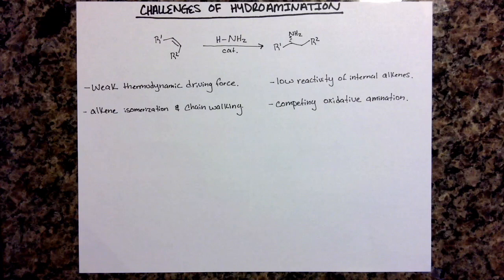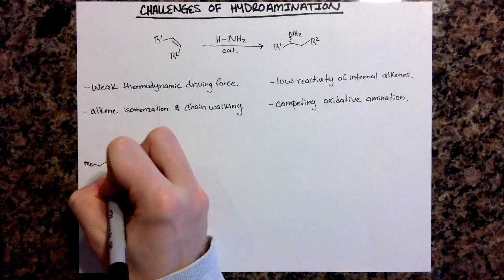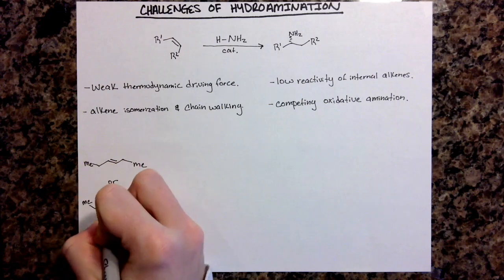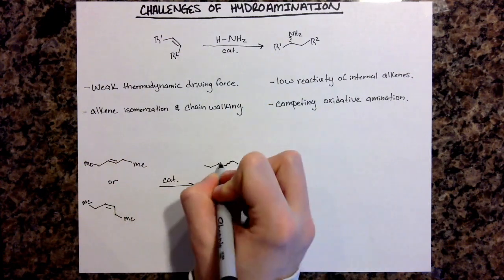And so there have been a few different techniques to try and overcome this, namely through attempts at pre-organizing the catalyst with either the alkene or the amine, as well as some photochemical reactions that we'll go through. Another general challenge of hydroamination is selectivity. And by selectivity, I mean both regioselectivity and enantioselectivity.